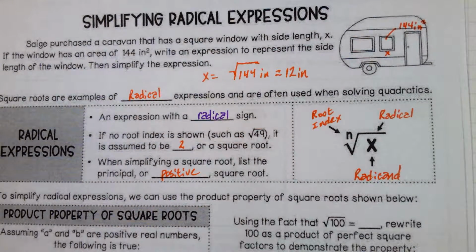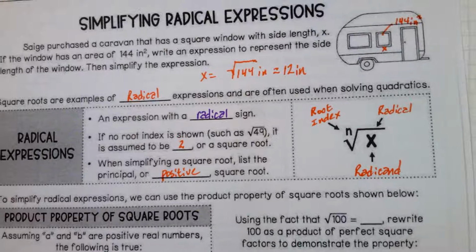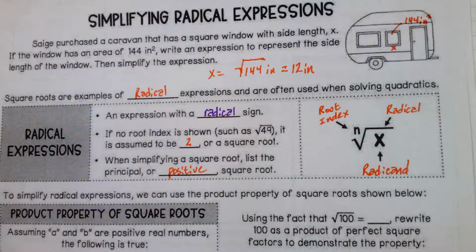Okay, guys. So this is a very important concept here. When you're finding a square root, like the square root of 49, it actually has 2 answers. 7 and negative 7. We've talked about that before. But we always list the principal square root. Just 7, the positive answer.